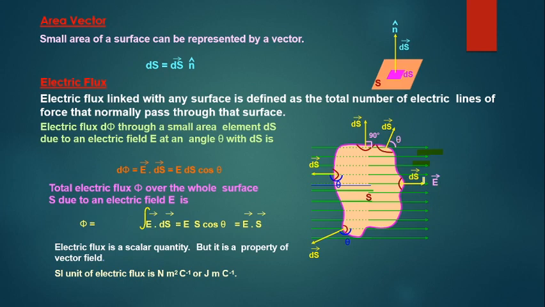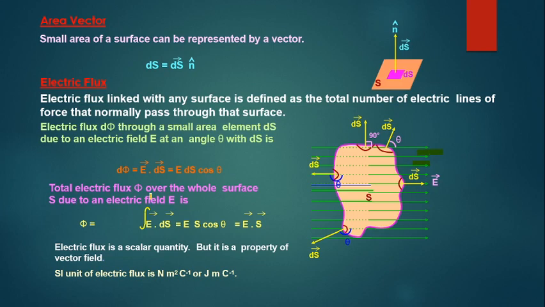For the small part ds, electric flux d phi is equal to vector E dot area vector ds, so equal to E ds cos theta. Theta is the angle between the direction of the area vector and the electric field.